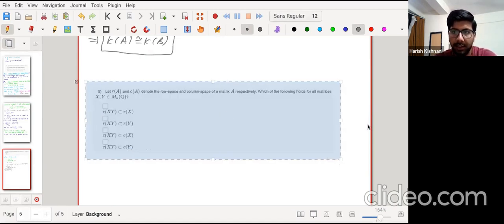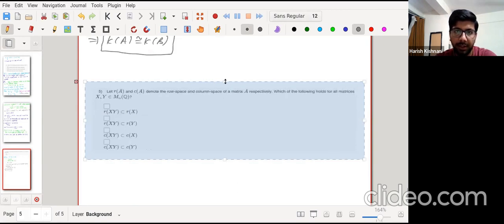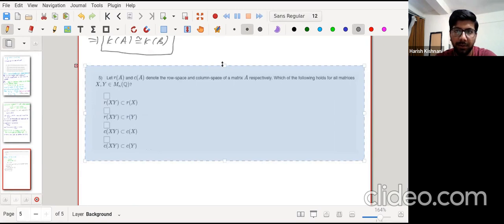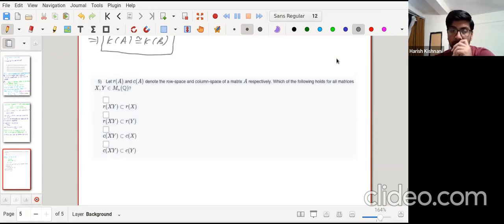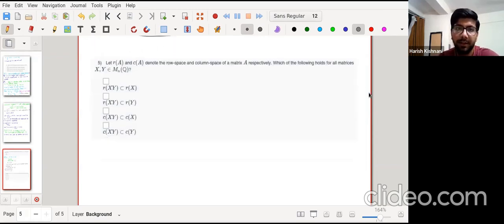It says: let R(A) and C(A) denote the row space and column space of a matrix A respectively. Which of the following holds for all matrices X, Y in M_n(Q)? So let me tell you some facts or observations.